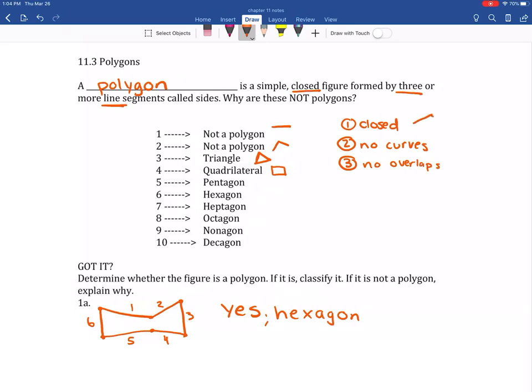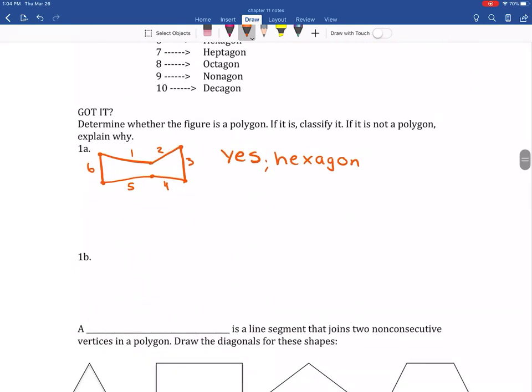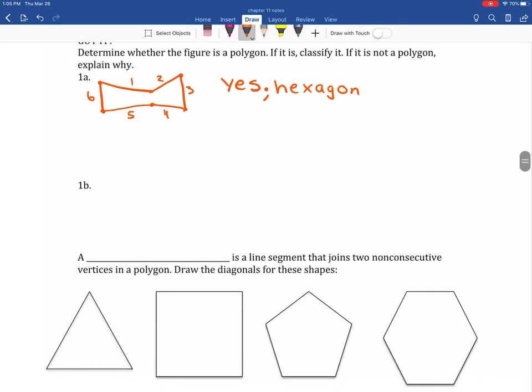So we had things that were open, we can't have something with a curve, and we can't have something that overlaps. So again, this one checks off all those boxes. There's no curves, it's closed, and there's no overlaps. So again, I would say yes, it's a polygon, and when I classify it, I would say it's a hexagon because it does have 6 sides.